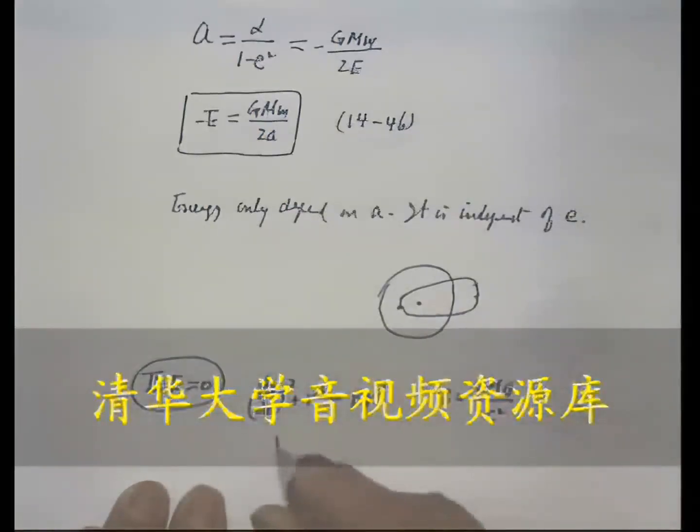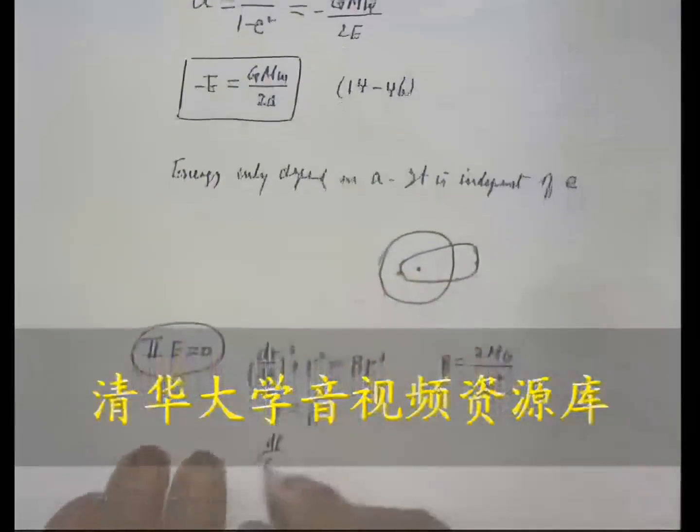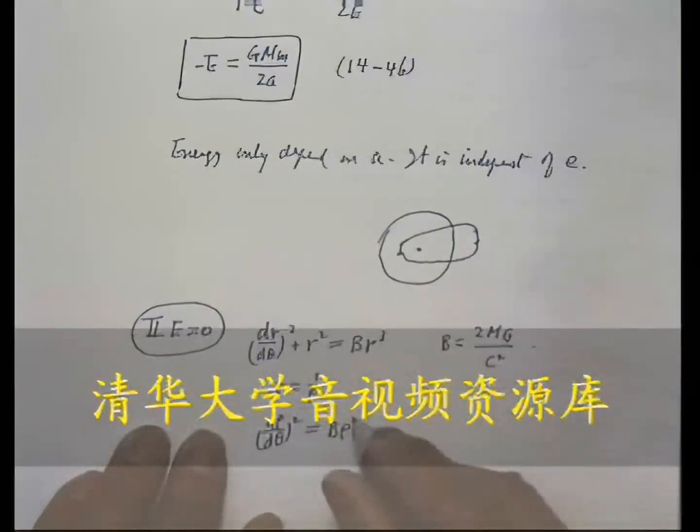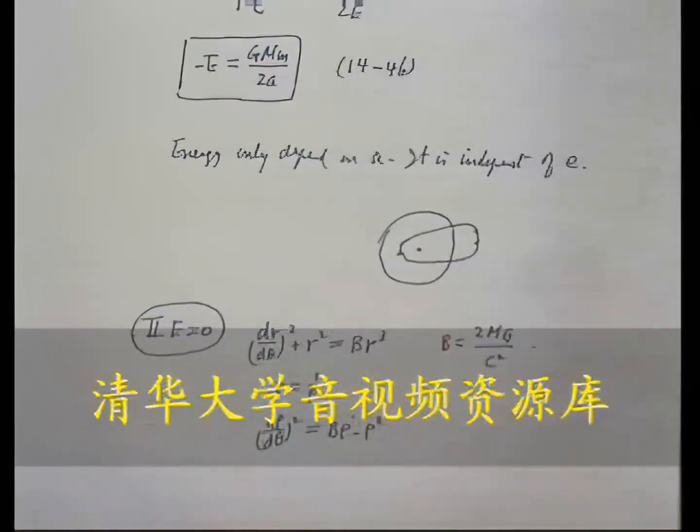In this case, we again put r equal to 1 over rho, and then we get (d rho/d theta) squared is equal to b rho minus rho squared. For the case E not equal to zero, there's one more term.